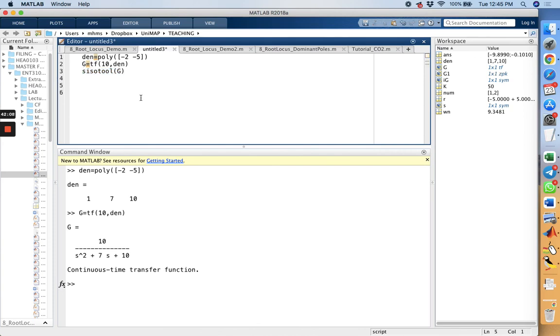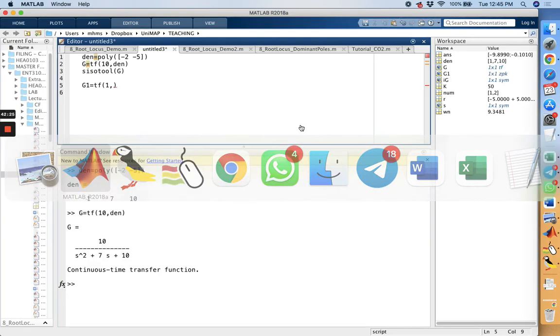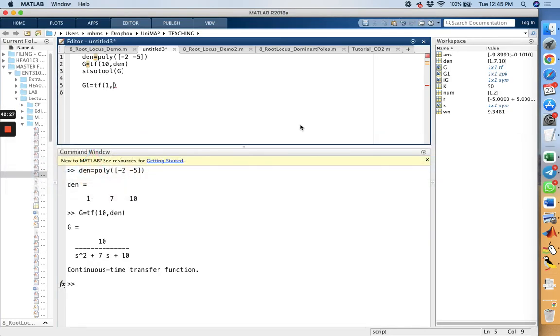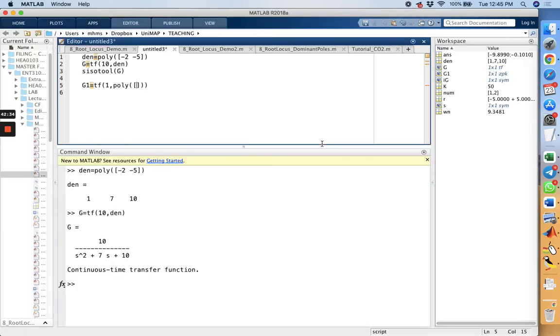We have G1 as the transfer function, with 1 because we don't have any zeros here, and we always assume k equals 1 when we plot it. We have poles at 0, negative 1, and negative 2, and we can plot our locus of G1 here.